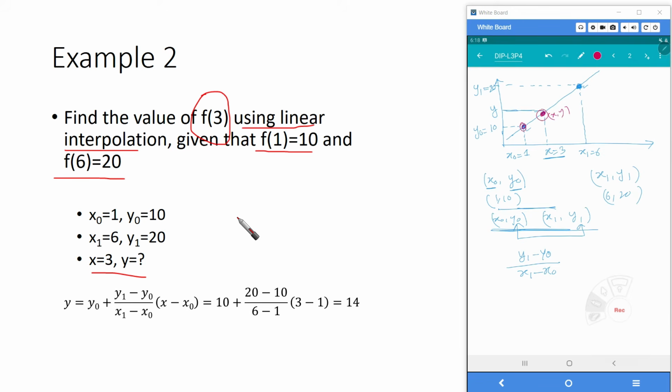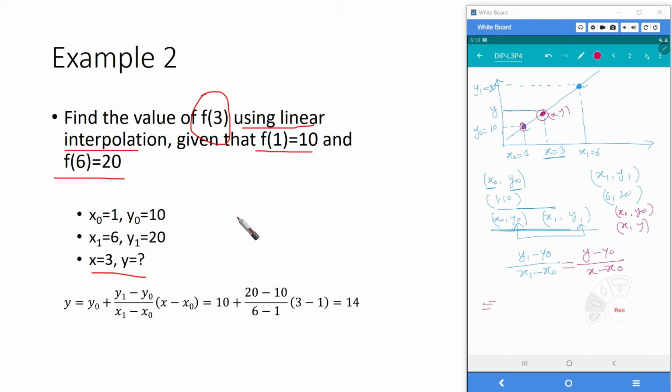If we take two points, x0 y0 and x y, then the slope will be y minus y0 divided by x minus x0. And definitely these two slopes are equal.